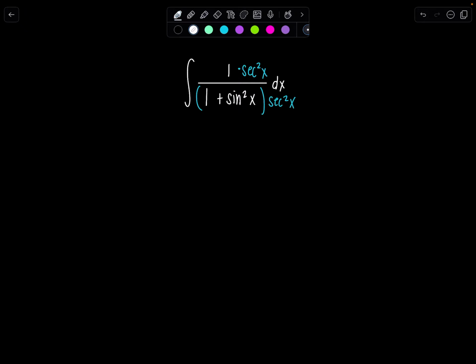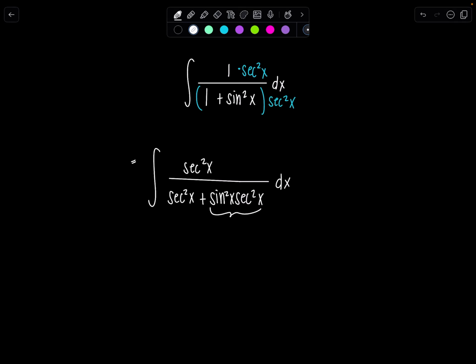Okay, so what do we have now? In the numerator, we're going to have secant squared x over secant squared x plus sine squared x, secant squared x dx, okay? And then remember, I can rewrite this term here.